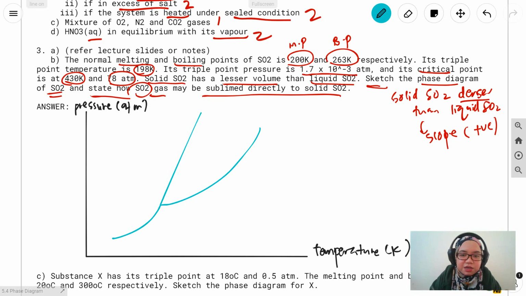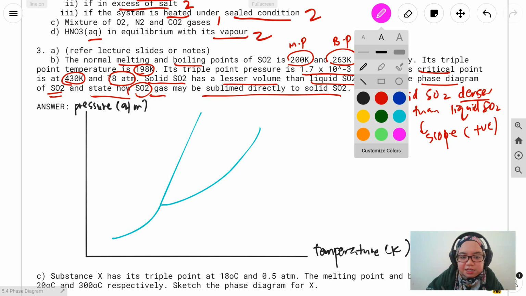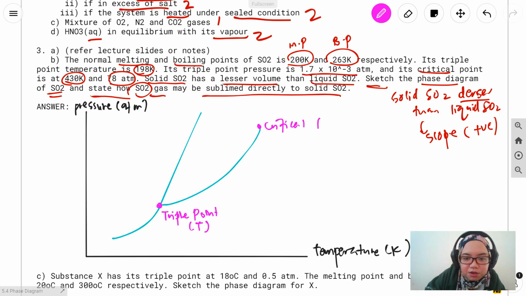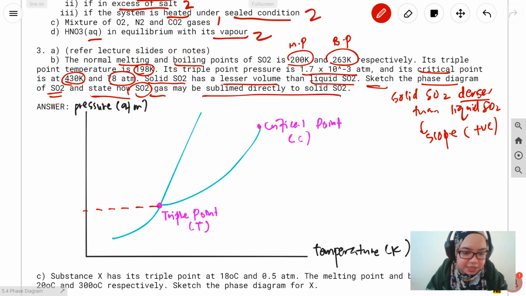Okay. So, now we need to label. We need to label the triple point and the critical point. So, we label here. This is the triple point, T. And this is the critical point, C. And we want to label the pressure and the temperature. Which do we label first? Label whichever we like. So we label the triple point first, with its pressure and temperature. The triple point pressure is 1.7 times 10 to the power of negative 3 atm.